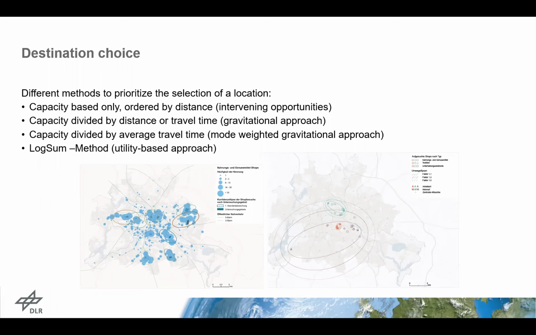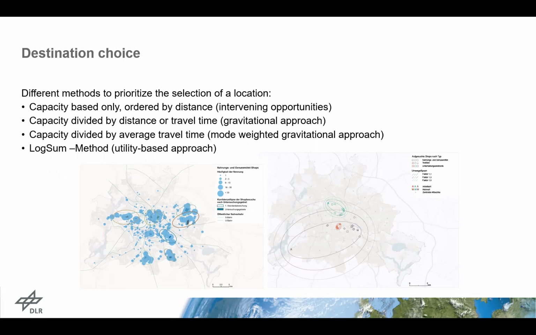So what we tell you is that if there is a supermarket around the corner which has a capacity of 1,000 customers per day, then the size is not by coincidence, but it has something to do with the attraction potential of the supermarket. So the capacity of every location is somehow telling how attractive this location is. But of course, if the supermarket is very far away, like for instance Macy's in New York, then I will not go to it. Why is that? That's because the distance to it is so long that it's simply not reachable.